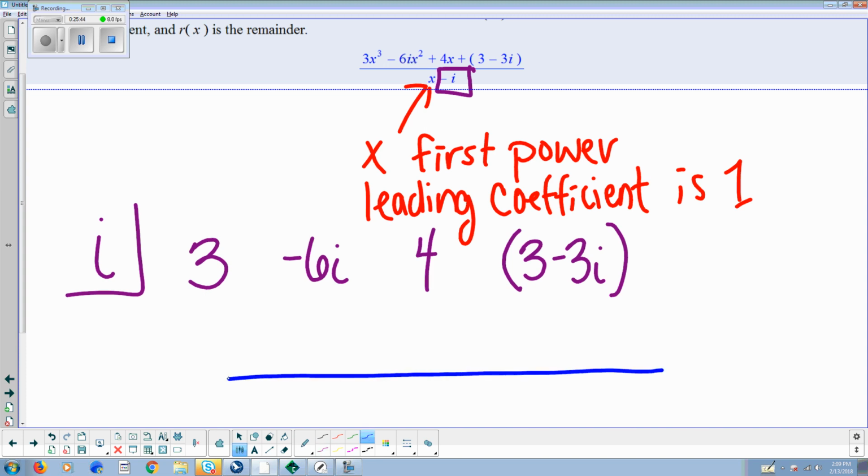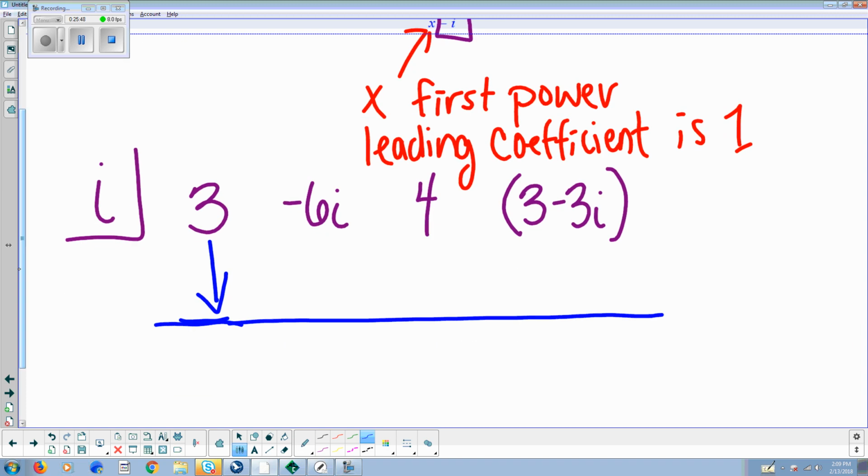To perform synthetic division, my first step is to bring the first number under the line. Any number that comes under the line gets multiplied by the multiplier, so i times 3 gives me 3i. Then I'm going to add down. Negative 6i plus 3i is negative 3i.